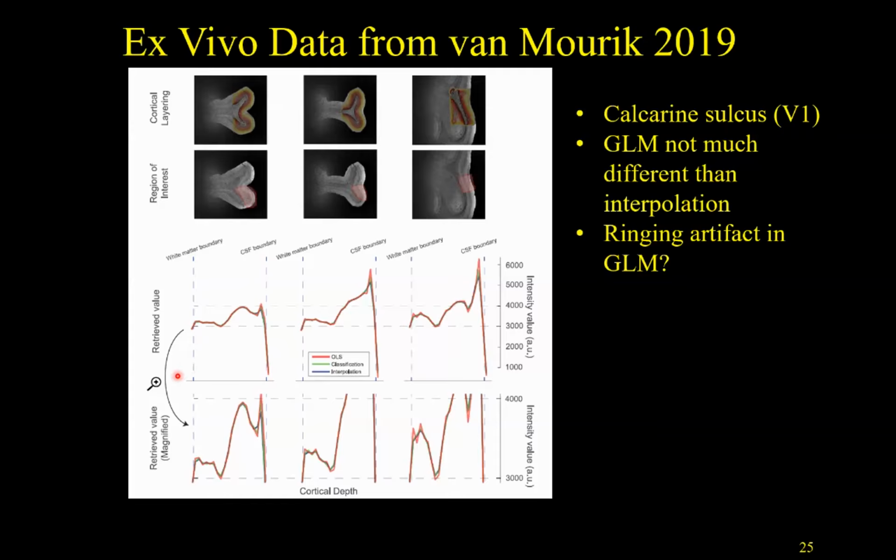So the horizontal axis here is the depth from white matter, I think, if I remember. So you can see that you have these changes. And what's interesting, and these are three different cases, is that you're really not seeing much of a difference between the interpolation method and the spatial GLM. And you might be seeing a little bit of ringing artifact here in the spatial GLM.